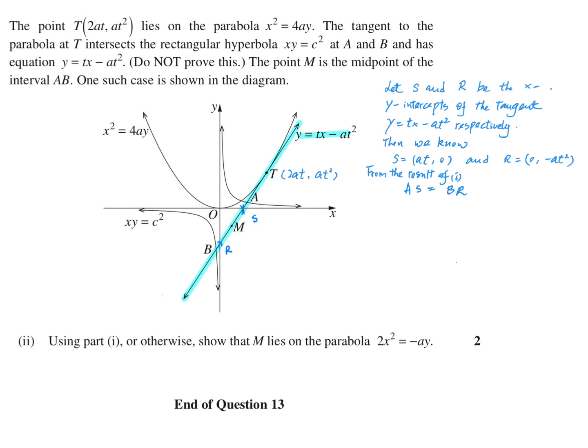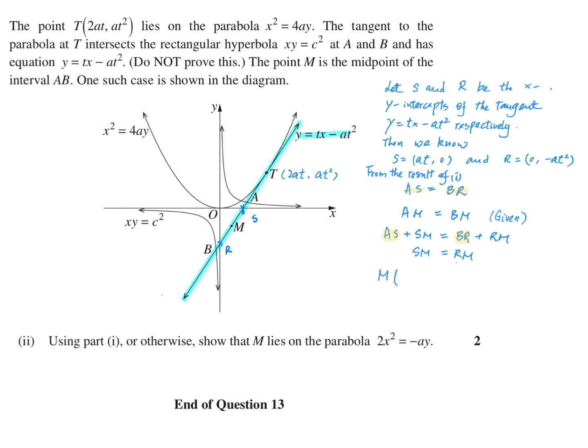And the question tells you that AM is actually equal to BM. AM should be the composition of AS and SM, while BM should be the composition of BR and RM. Since we know that AS is equal to BR, we can conclude that SM is actually equal to RM.